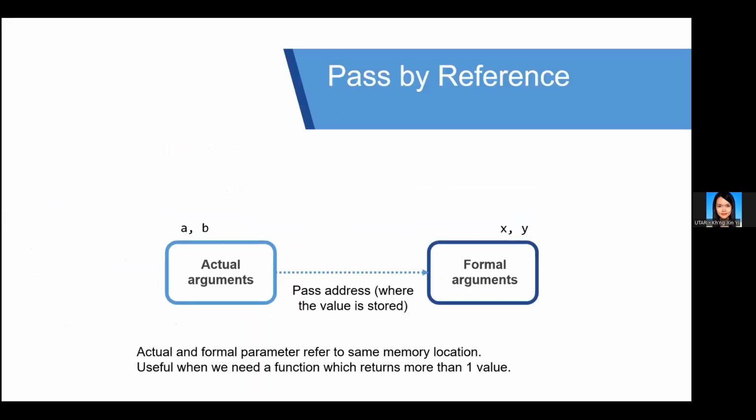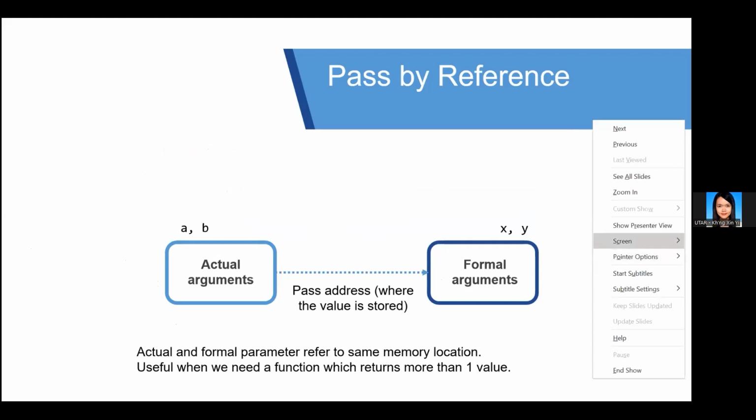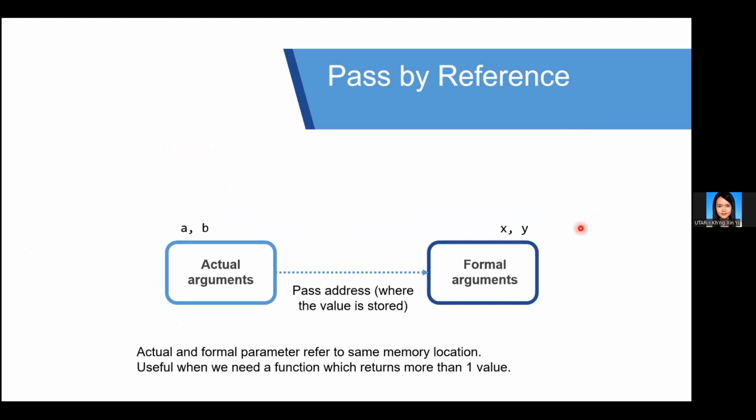So of course, there is another technique used to pass the parameters, by using the reference. Just now we talked about pass by value, right? We just focus on passing down the value. So this is the second technique used to pass down parameters to a function. The difference of this technique is that it is not going to pass down the value.